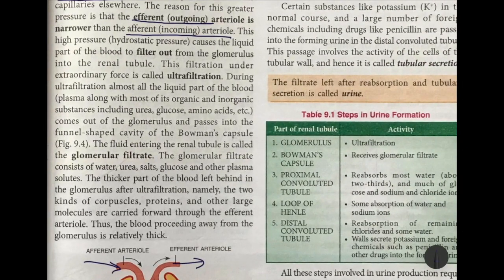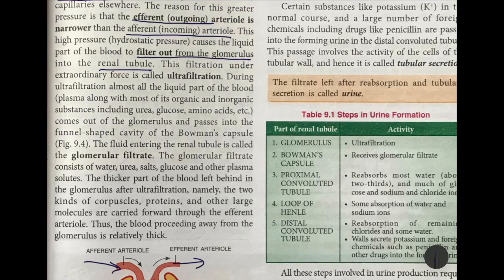That is, the liquid part of blood filters out from the glomerulus into the renal tubule due to a very high pressure that is caused here, which is also known as hydrostatic pressure. So this filtration under extraordinary force is known as ultrafiltration.